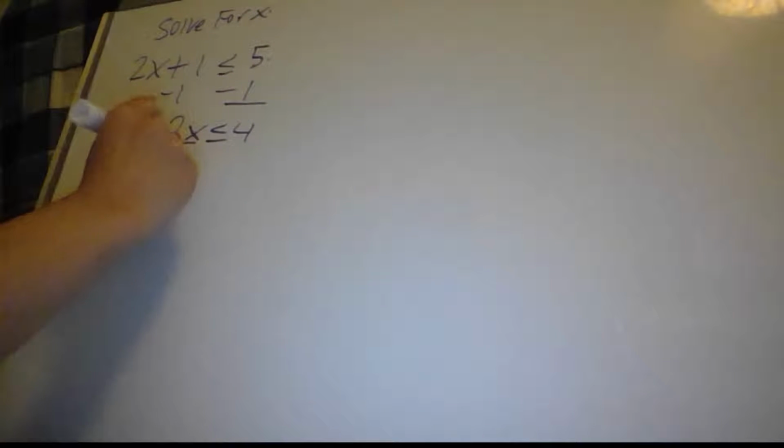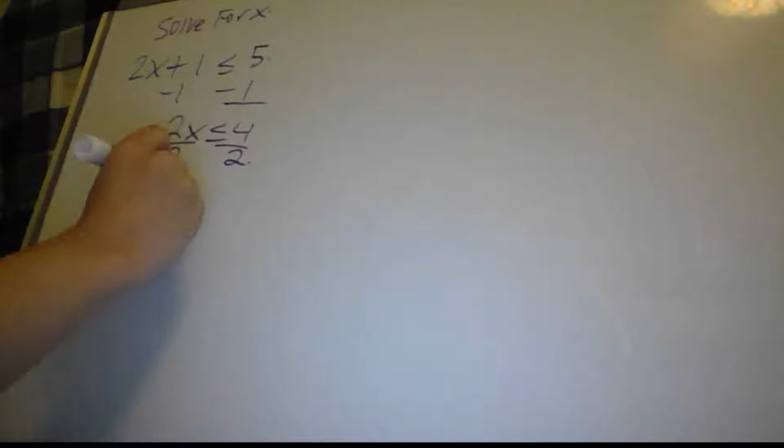To do this, you just subtract 1 on both sides. 2x is less than or equal to 4. You divide by 2 on both sides. X is less than or equal to 2.